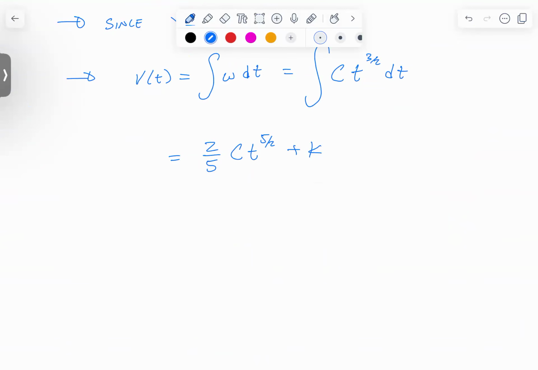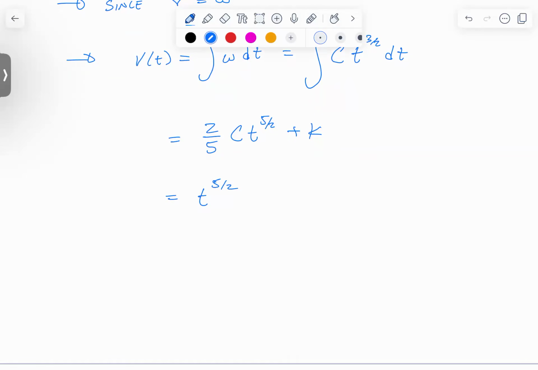It's irrelevant. This 2/5 times C becomes just another constant, and adding a K, I just have another constant. So our constants are actually taken care of, which means the only thing we care about is t to the 5 halves, because that's what we're actually trying to identify. We're trying to identify y2. One last piece.